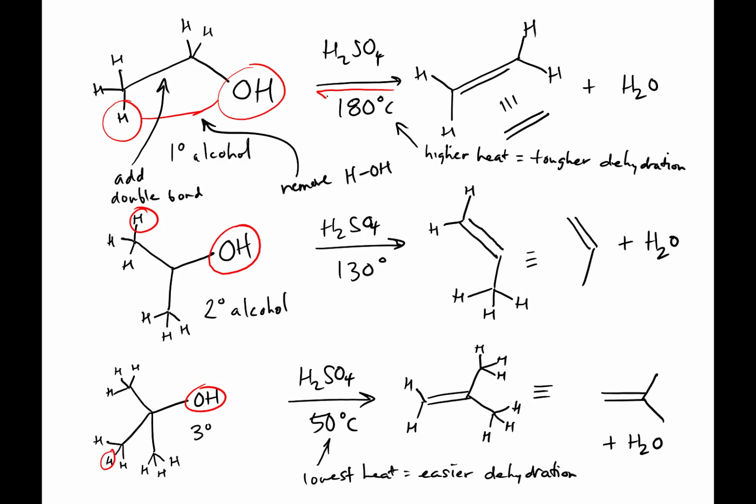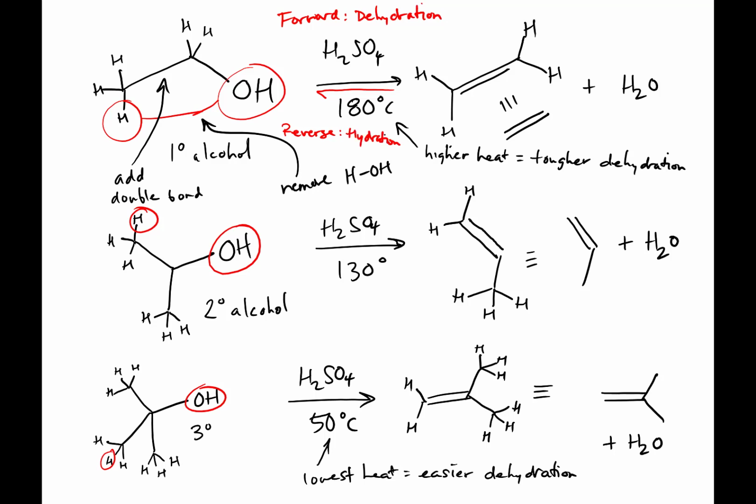If you're thinking about the top reaction, the forward reaction is the dehydration, removing water, making the alkene. The reverse, which I just added as that red arrow, would then be the hydration.